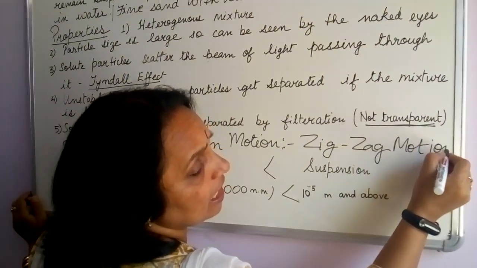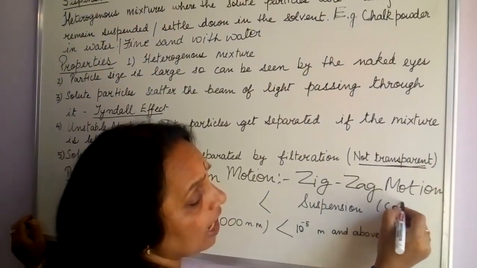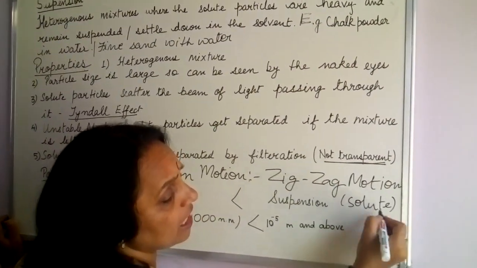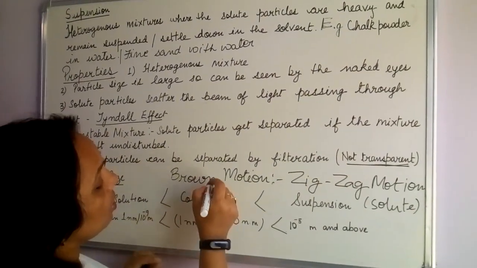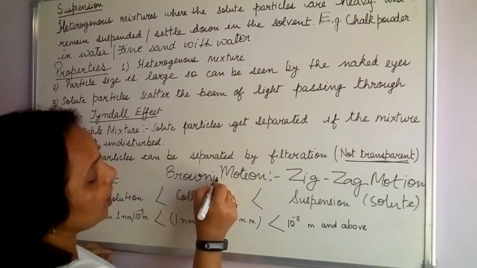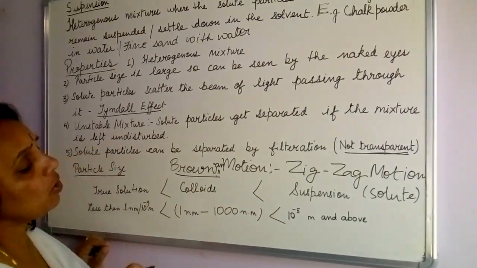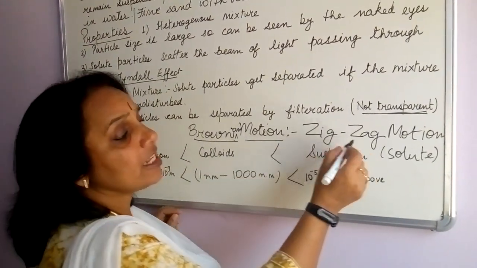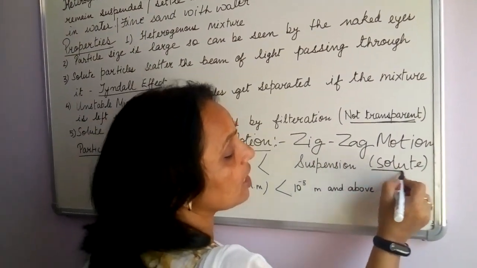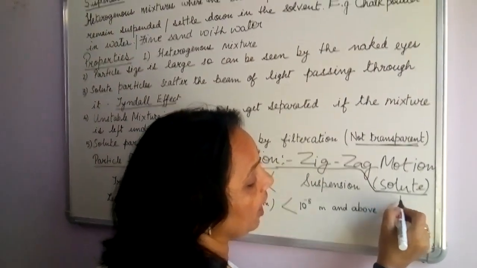It is always seen in case of colloids. Okay, there's a spelling mistake, B-R-O-W-N-I-A-N, Brownian motion. This is a zigzag motion which is seen in case of solute particles of only colloids.